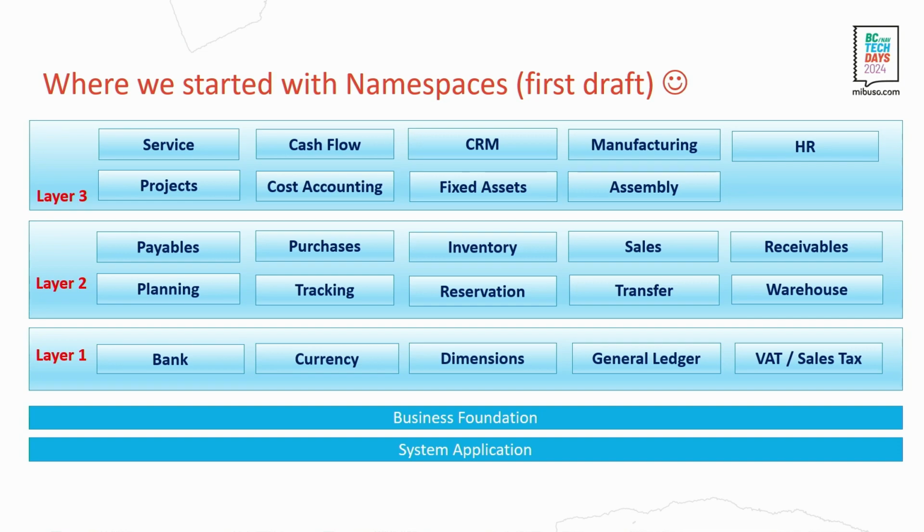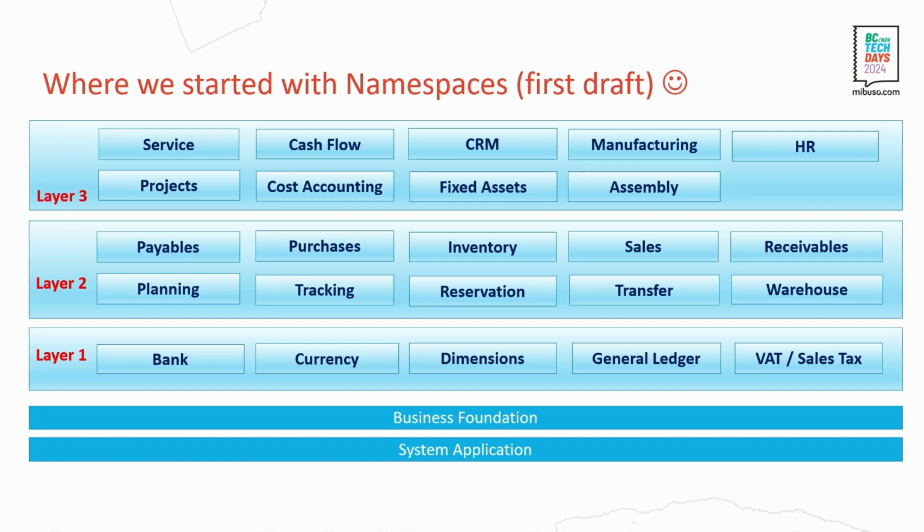So what about the next layer? On top of financial management, we have inventory. We have sales, purchases, payables, receivables, and a lot of additional item-related functionality for tracking, reservation, warehousing, or transfer. That looks like layer number 2.